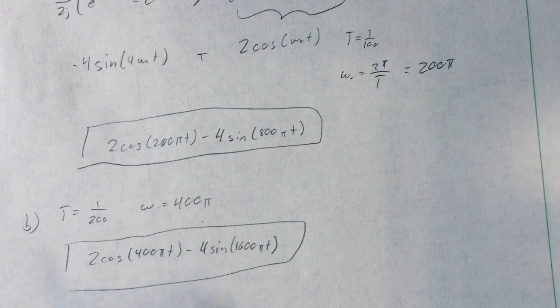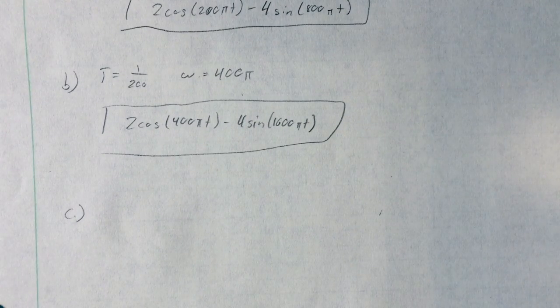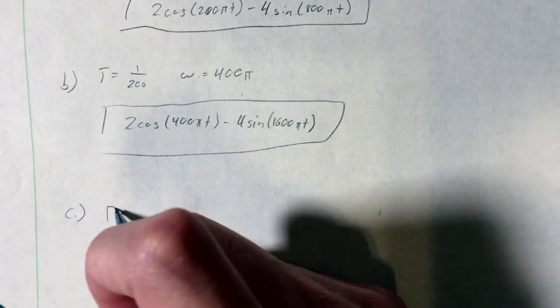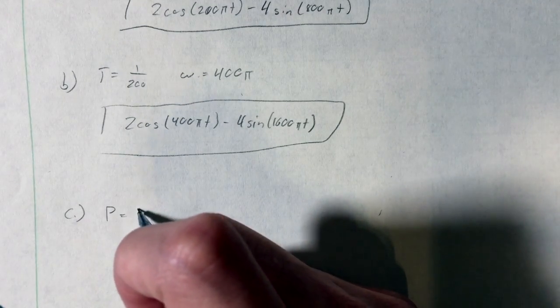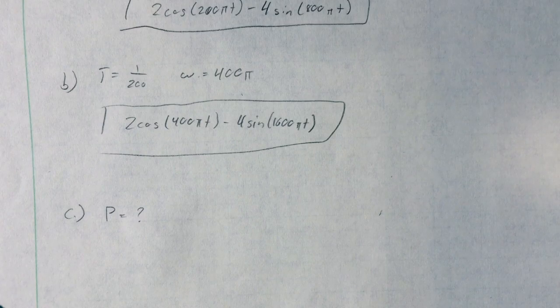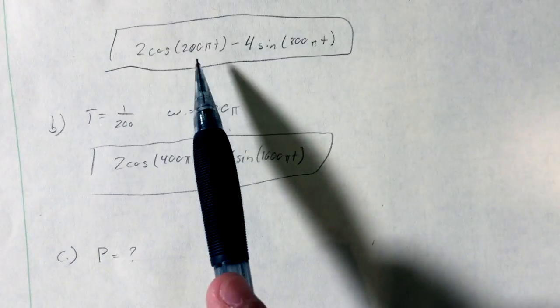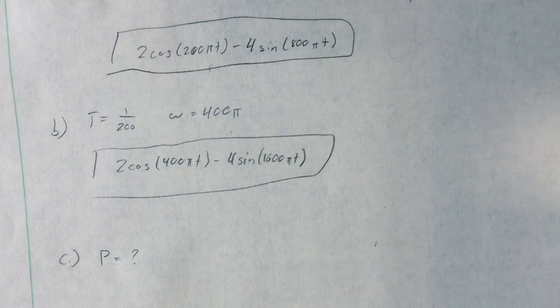And finally, for part C, it wants us to find the power of the signal for part A, which is this one right here. So how do we do that?